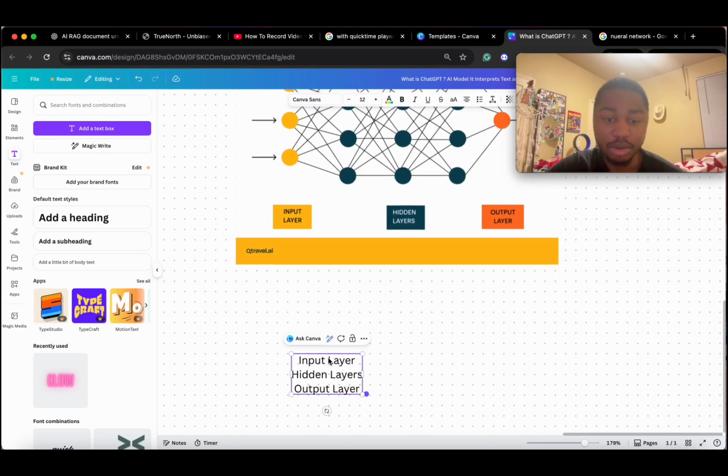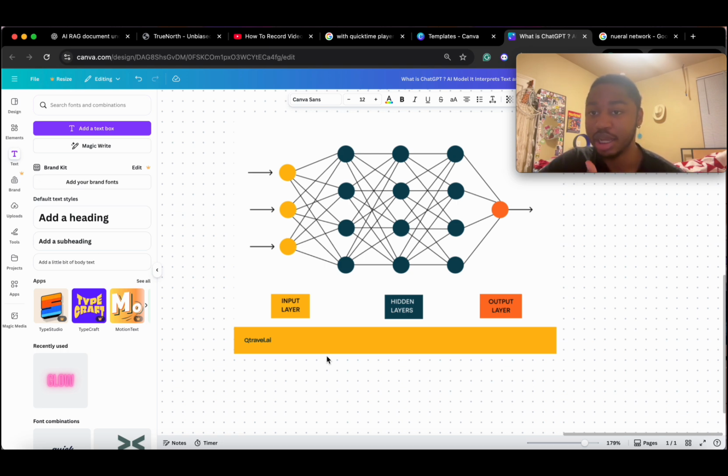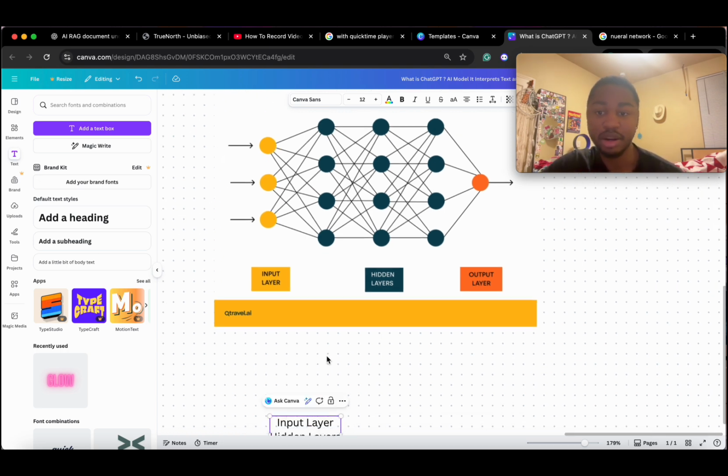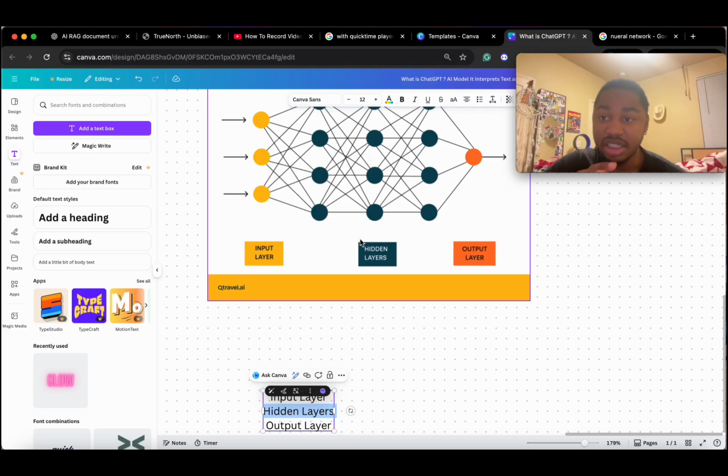Input layer: there's only one input layer. Now there could be multiple inputs into the input layer, but there's only one input layer. Makes sense, right? Output layer: you can only have one output layer, but you can have multiple outputs. Same thing. Now hidden layers are the things in between the input and the output, allowing the information to transform throughout the layers. This uses a little bit of complex math, but I'll be explaining it shortly.